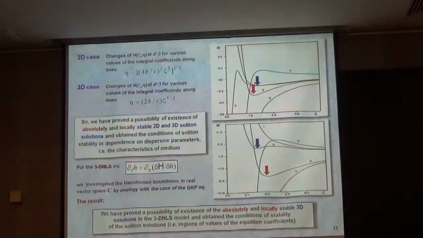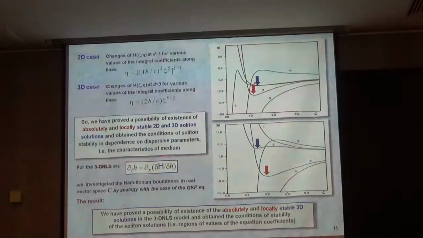The pictures show the changes of Hamiltonian in two-dimensional and three-dimensional geometry for various values of the integral coefficients along these lines. So we have proved a possibility of existence of absolutely and locally stable two-dimensional and three-dimensional soliton solutions, and obtained the conditions of solitonic stability depending on dispersive parameters, i.e. the characteristics of media.